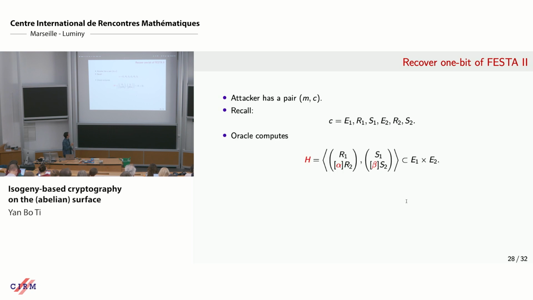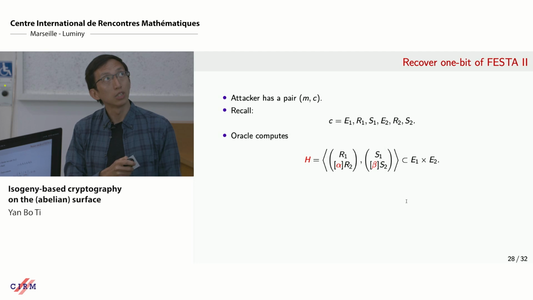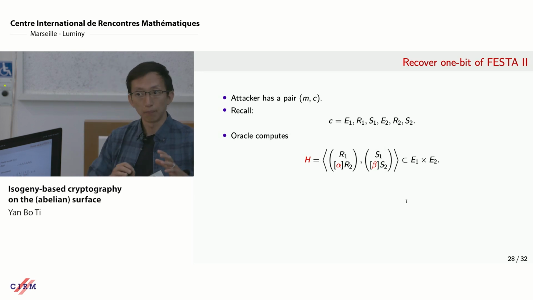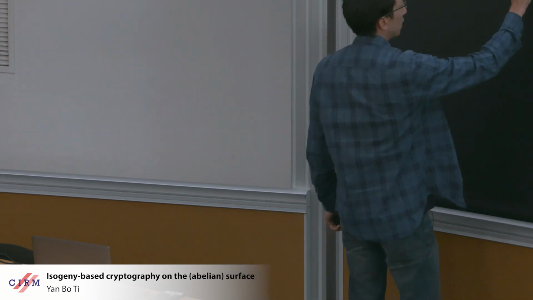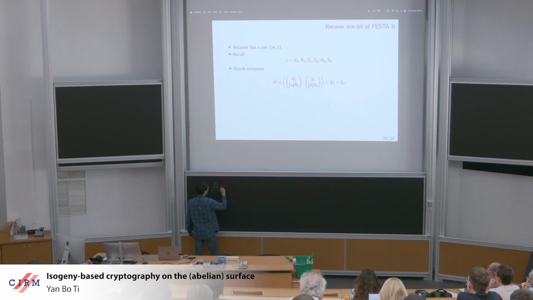The oracle, to compute this H, this secret subgroup, will take this alpha and beta, which are secret. Maybe the board will be helpful now. So you have A, which is also equal to B, which is equal to alpha, beta, 0, 0.